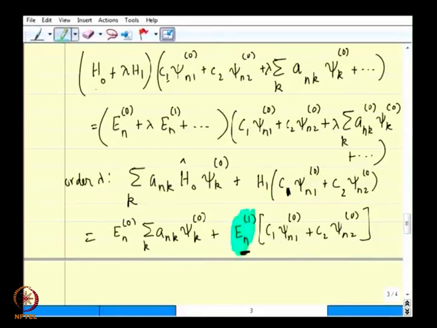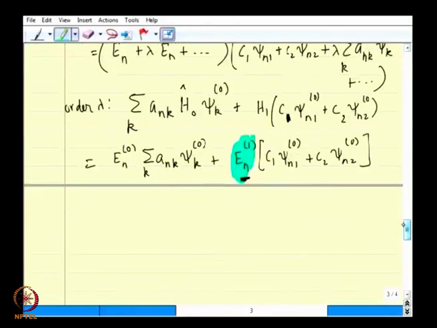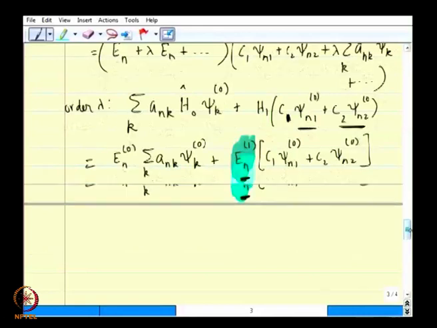Okay. Therefore, we want to manipulate this equation, and the usual method of multiplying this with a zero order wave function on the left hand side, and then doing the integration. Except that now we have two wave functions in the 0th order, same eigenvalue, namely psi n1 0 and psi n2 0. So let us do two steps.